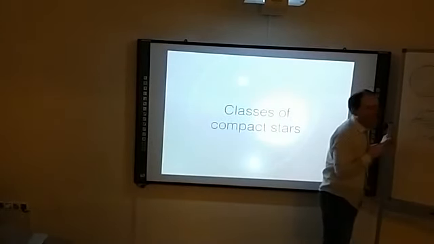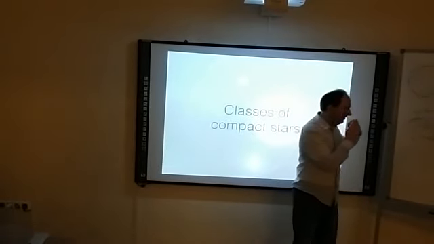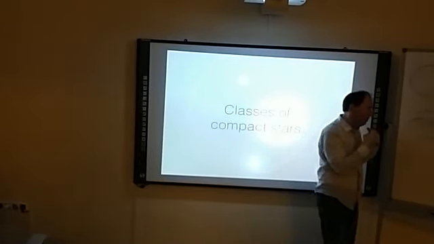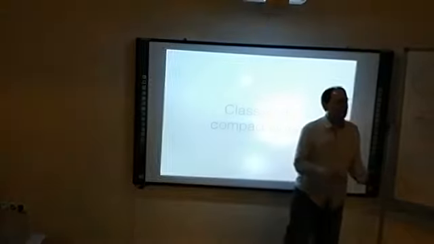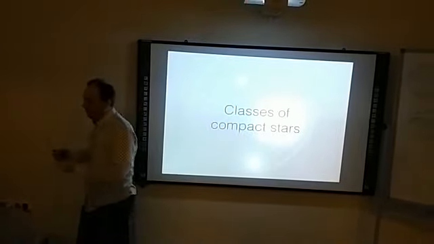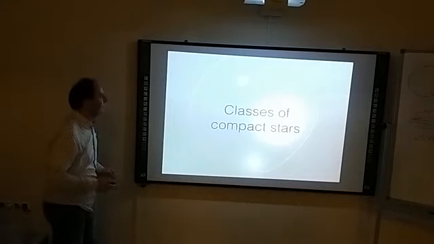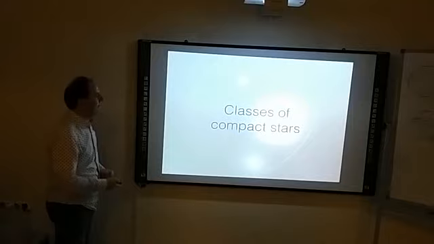It's exactly the same case in a neutron star, and therefore even those differences close to the Fermi surface here can have a big impact when it comes to any observational aspects of these stars. Okay, but now let me come to different classes of compact stars.